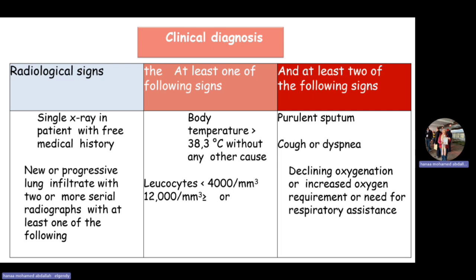So we have to do CT chest if the chest X-ray is not conclusive, or if there is a new progressive lung infiltrate on 2 or more serial radiographs, either CT or chest X-ray, with at least one of the following: high fever without any other cause, leukocytosis or leukopenia, and at least two of the following: purulent sputum, cough or dyspnea, declining oxygenation or increasing oxygen requirements, or need for respiratory assistance.